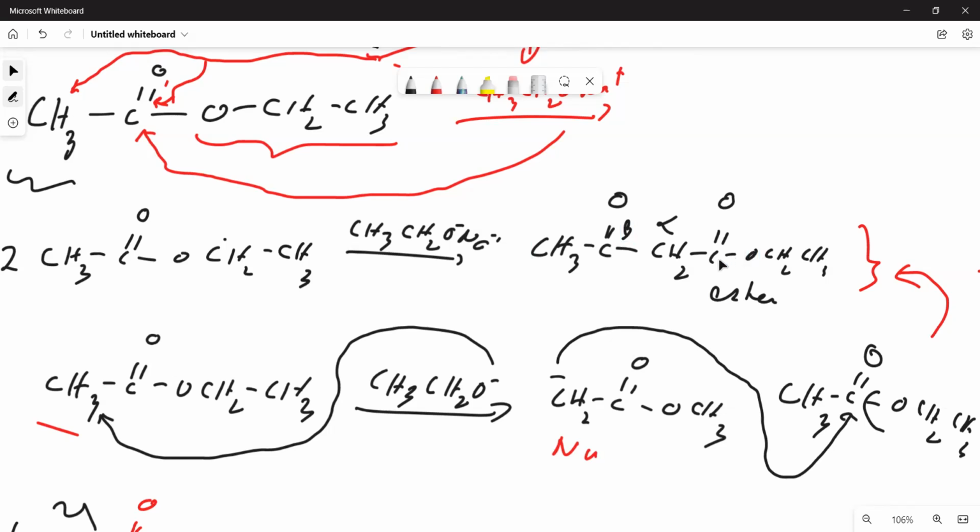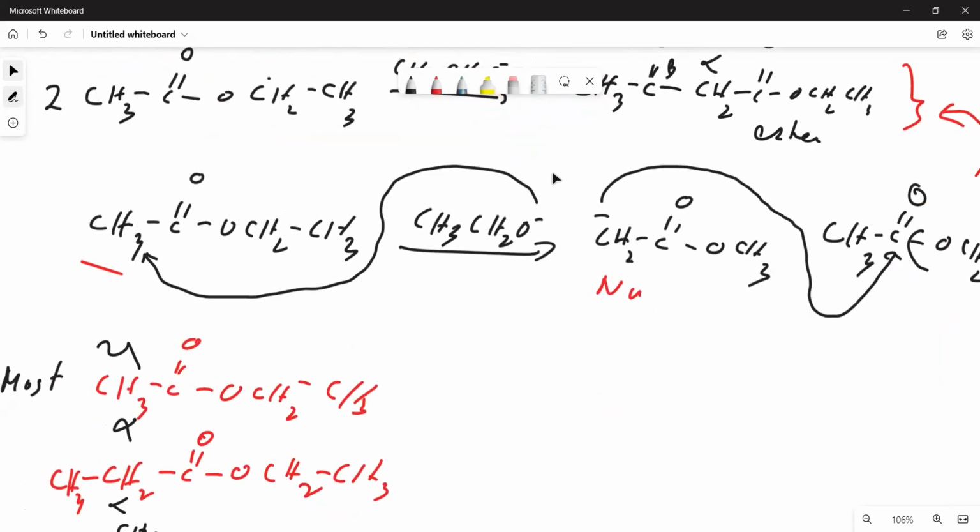Here, it will produce beta keto ester. Okay, so if you have this kind of product, you're going to suspect that the process is Claisen condensation reaction. So in order to understand this reaction, look at the mechanism.